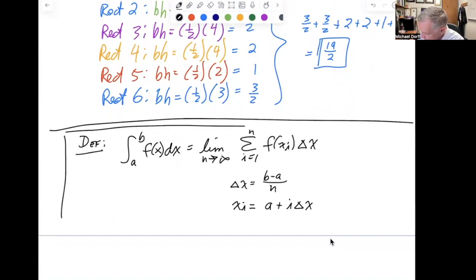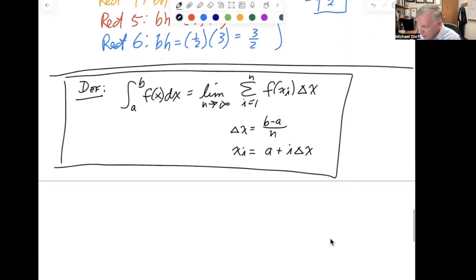Okay, so there's the definition. Now we're going to use that to go back and forth between Riemann sums and integrals. So here's an example.